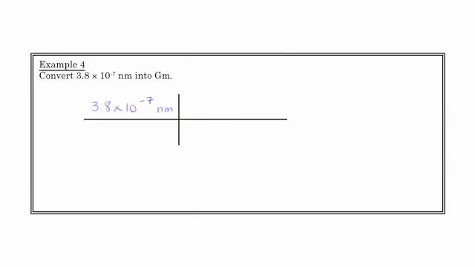So here's the question. We want nanometers down below, and we know that in every single meter, there are 10 to the power of 9 nanometers. We got that from the chart. So now we've got nanometers, and we've canceled them with nanometers, and we have units of meters. And now we want to go from meters to gigameters.